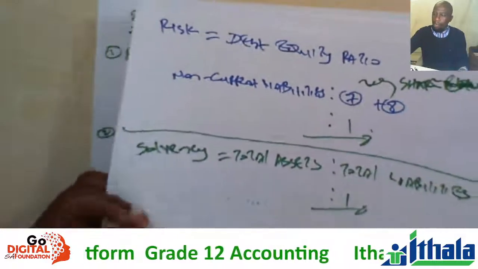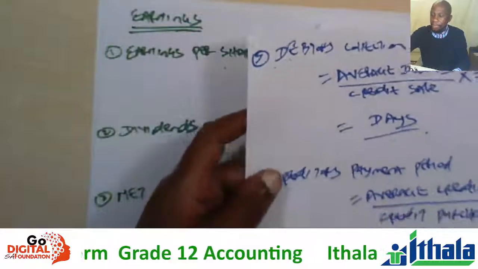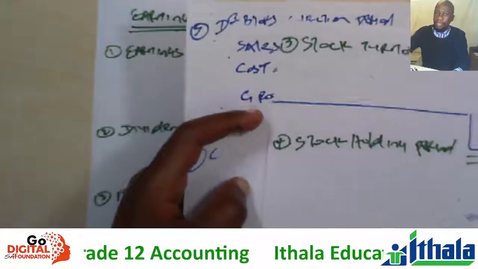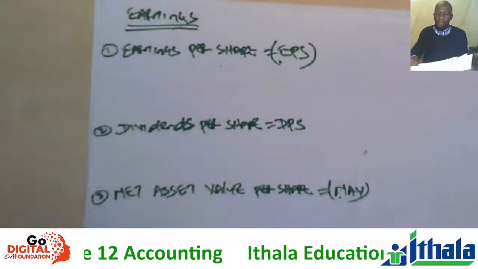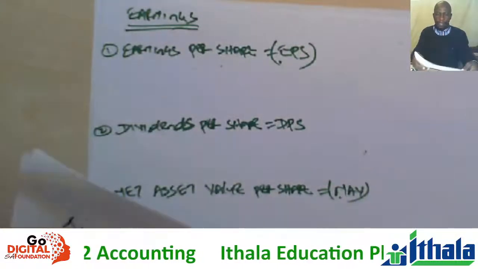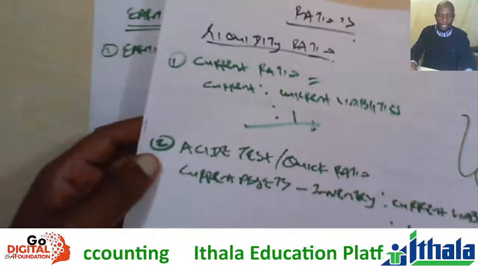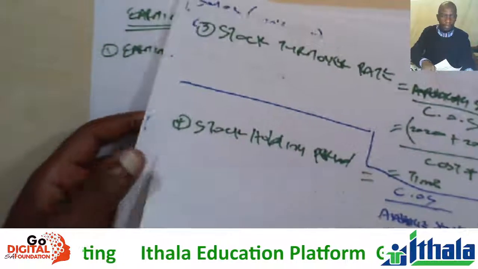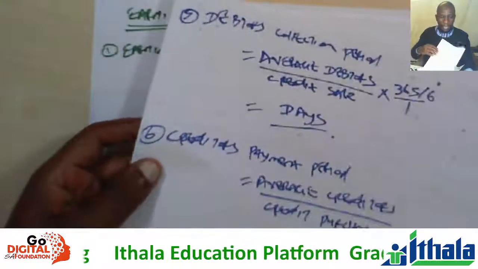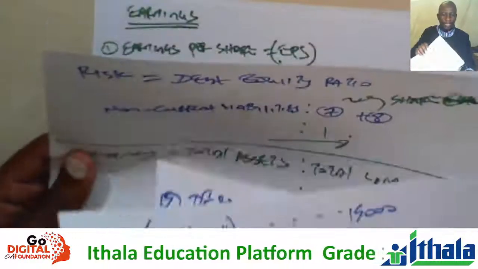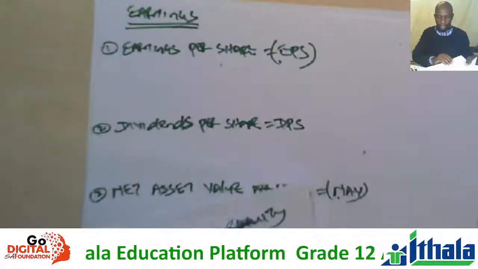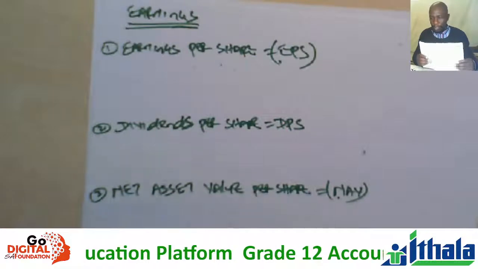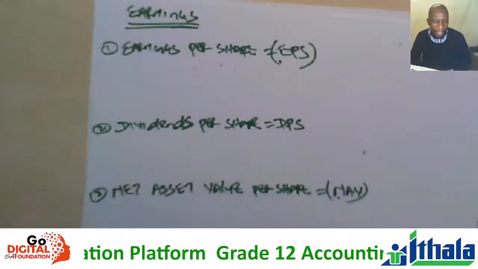If the question is saying comment about the liquidity position of the business, they are talking about these 6 ratios that we're counting: current ratio, acid test ratio, stock turnover rate, stock holding, as well as debtors collection and creditors payment. Those are the ratios. But now we are here on the earnings.